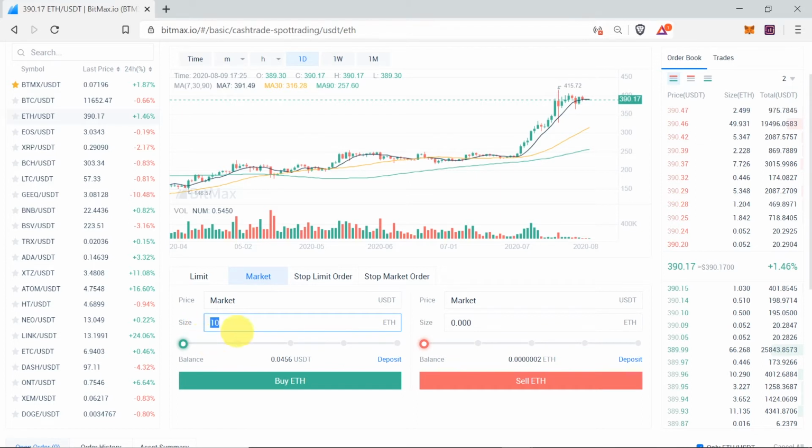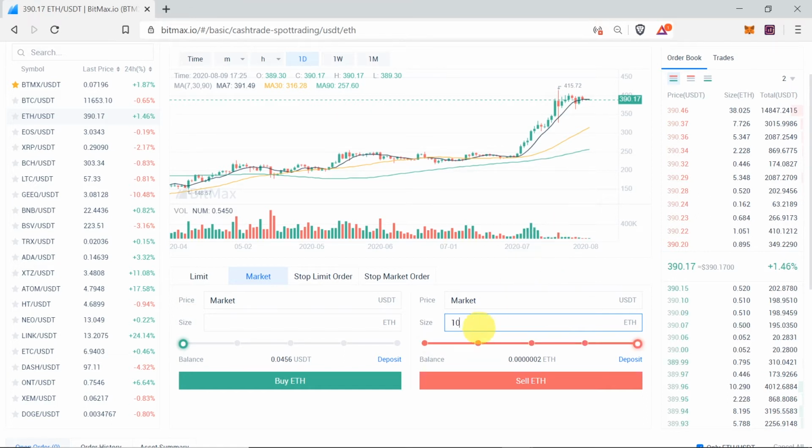Now, when it comes to sell order, it will of course work similar. So over here we would type in the size of how many Ethereum we want to sell. So let's say we want to sell 10 Ethereum by the market. So it will work exactly the same. The only difference is that it will be selling to people over here.